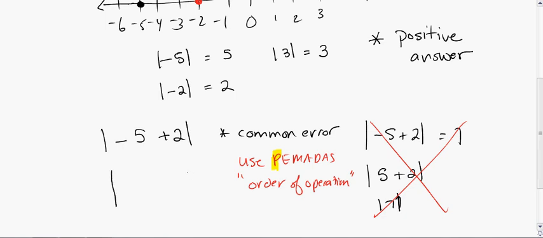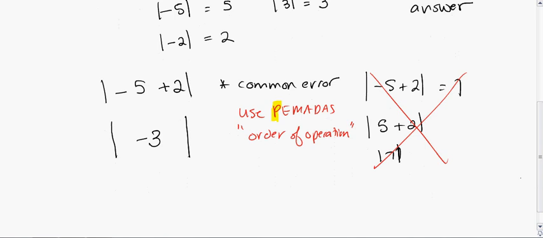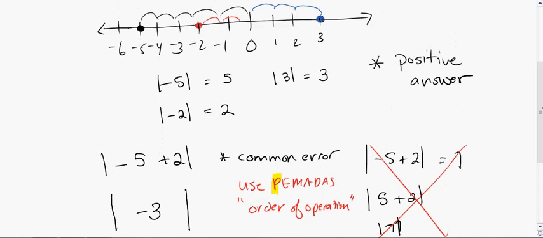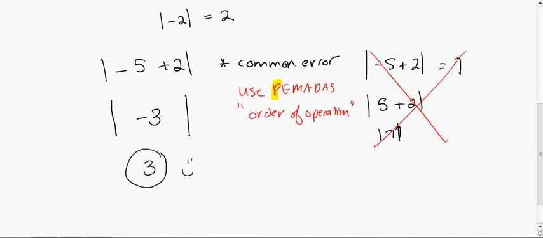Order of operation says do what's inside absolute value first. -5 plus 2 is -3. Now I'm down to one number. How far is -3 from 0? Well, it's positive 3 steps away. And there's my correct answer. All right, so that's absolute value in a nutshell. Use order of operation if you have more than one value, and make sure you're writing your final answer as a positive number.